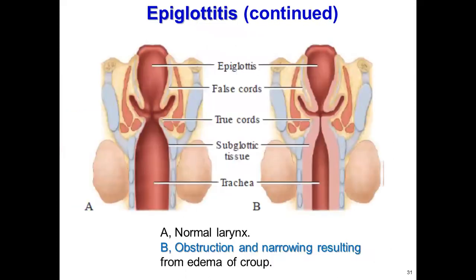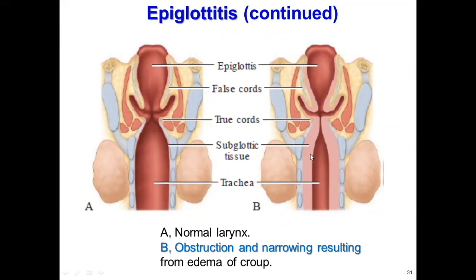The problem when inflammation occurs, like this picture, picture number 1, this is the epiglottis and this is the trachea, and there are some folds here. Picture 1 is a normal larynx and epiglottis, but in picture 2 we can see the epithelium muscle layers are inflamed.